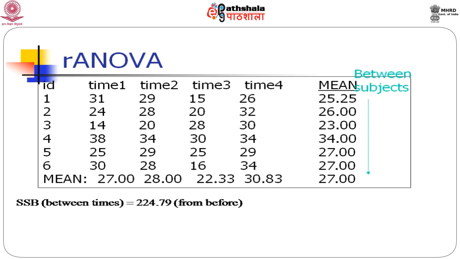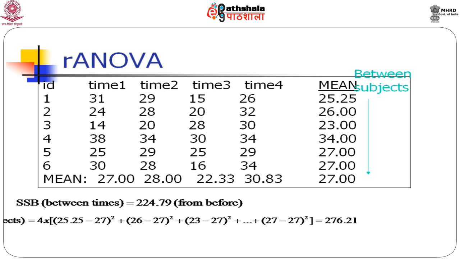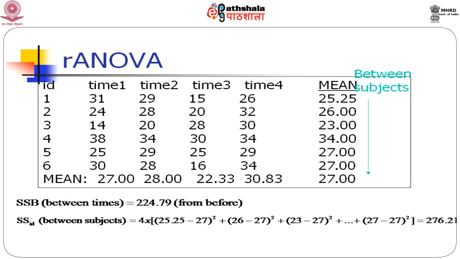If you go for repeated measures, between subject variation can be computed, and between times variation can be computed. Earlier the error was 676.17; now it is reduced because of the between subject variation. Even though you apply the same drug to every individual, because of body chemistry and body reaction, every individual cannot give a similar response.